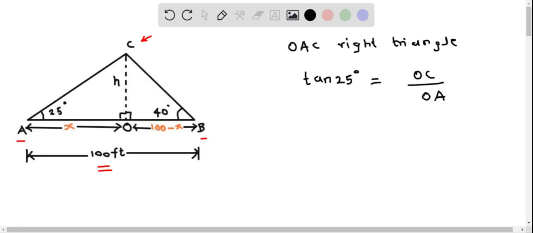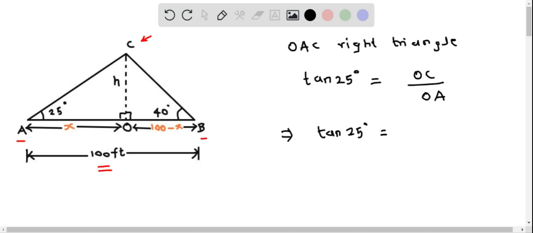I have marked the OA distance as x. So if OA is x, then OB equals 100 minus x, because AB is 100. The total distance between the two persons is 100 feet. So using this relation, we substitute the values for OC and OA.